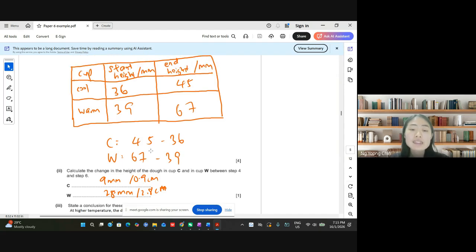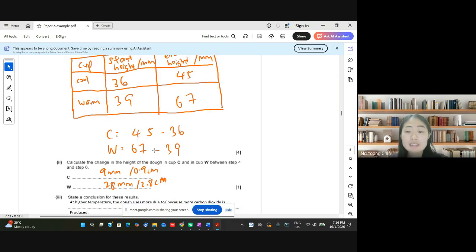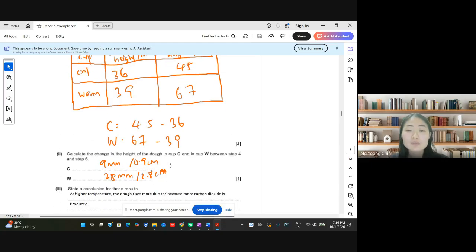The result you get is that both cups show an increase in the height of dough, but the cup labeled W has a greater increase compared to C. It's about 28 millimeter, okay, because you do 67 minus 39, so you get 28 millimeter. And for cup C, it's 45 minus 36, you get 9 millimeter. Or you can write cm also, depending on you.